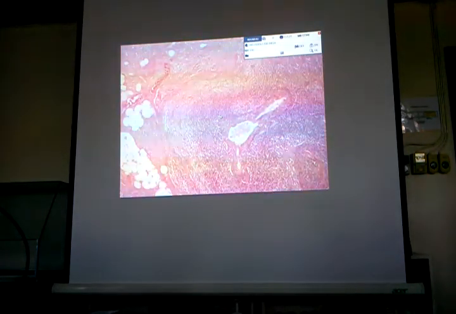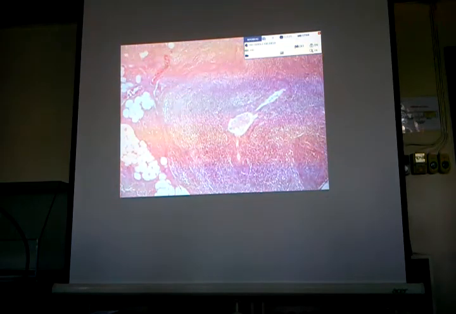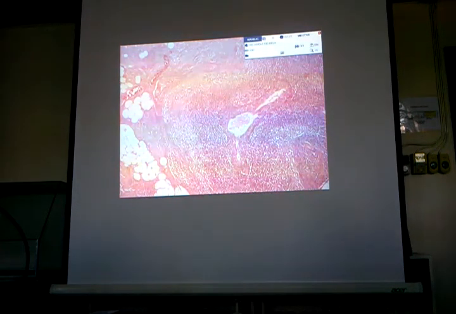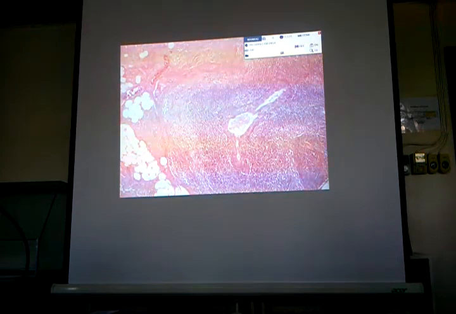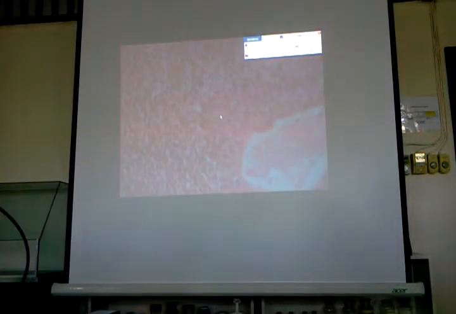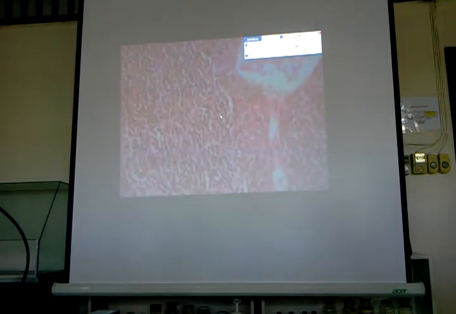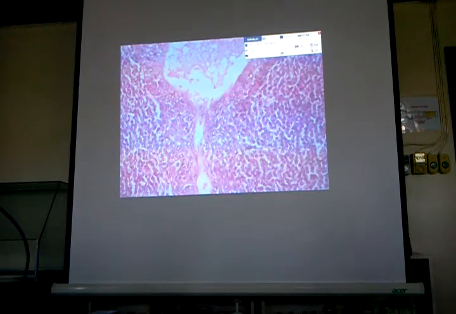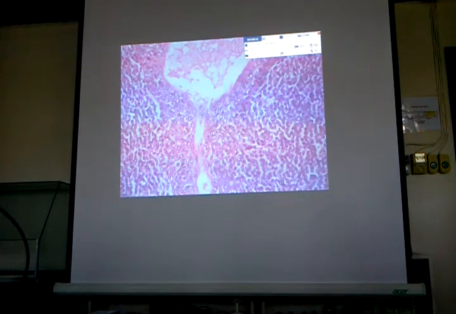Sometimes, a metaplastic process will develop secondary to the chronicity of the process. How will you call that pointed epithelium? Simple or stratified? Stratified. And then how about the shape of the cells? Squamous.